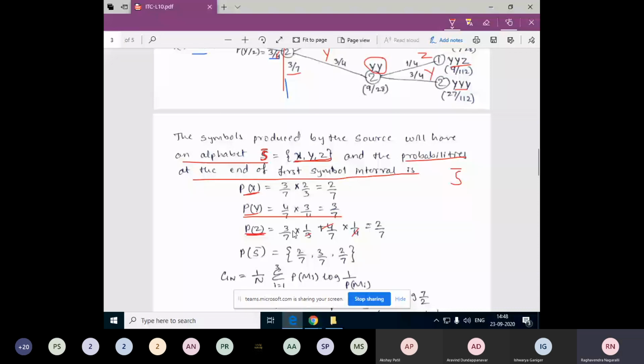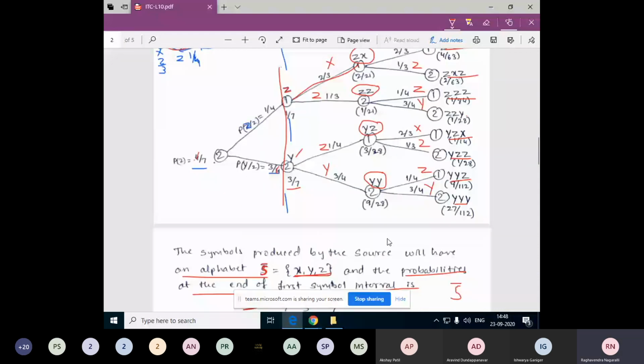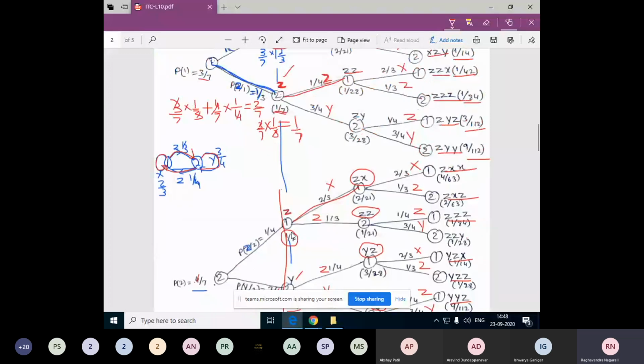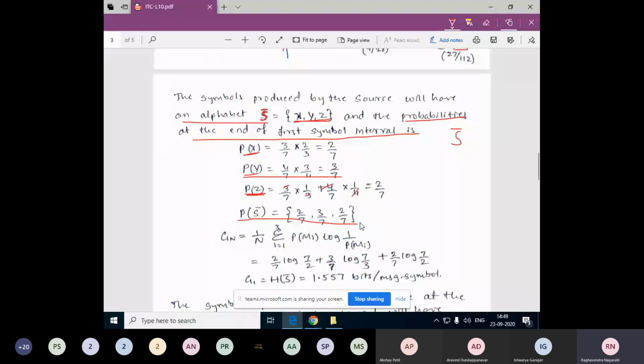Actually, here we have the probabilities 1 by 7 and 1 by 7, and we can directly add them to get the probability of this symbol which has repeated two times. So these are the final probabilities.